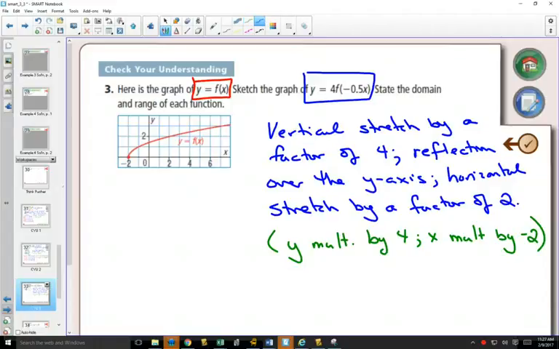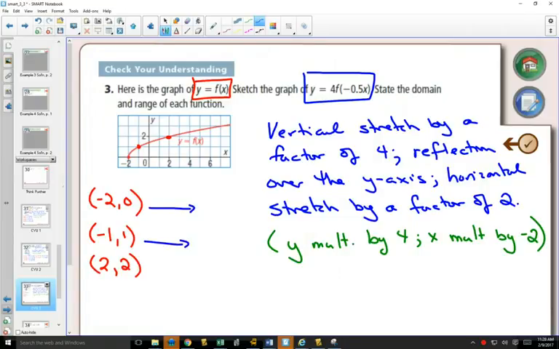So when we're looking at the graph that we are given, obviously the most important point is going to be the starting point at negative 2, 0. Can you see any other points? Looks like we have a point here, negative 1, 1, and we have a nice point there, 2, comma 2.